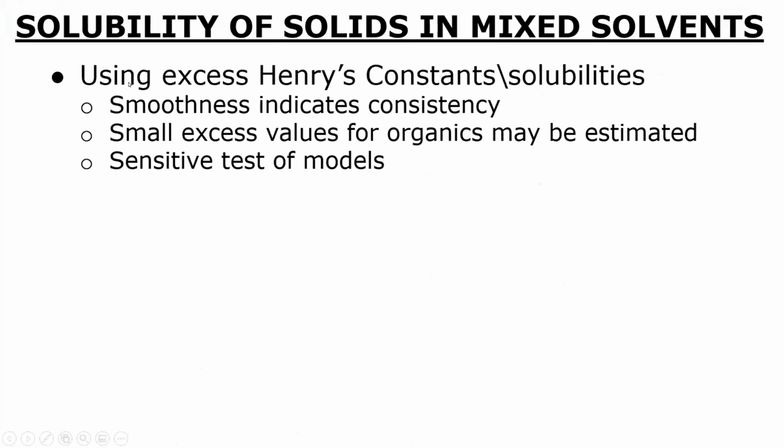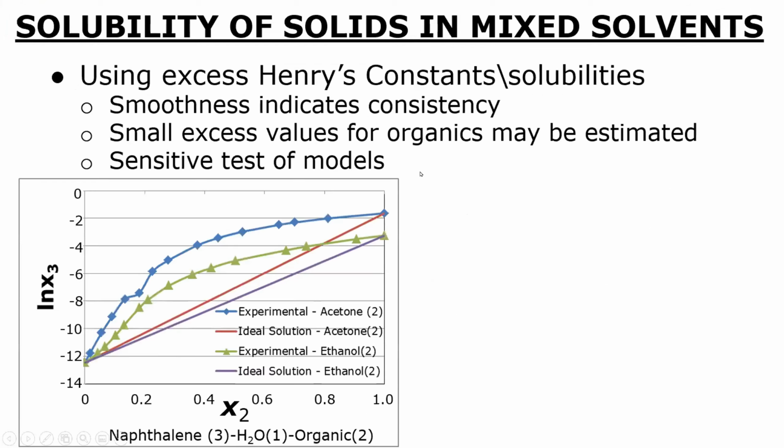Okay. If you use excess constants, Henry's constants or solubilities, here are some advantages. One is that smoothness indicates consistency among the data. The small excess values for organics may be estimated, but it's a sensitive test of your models.